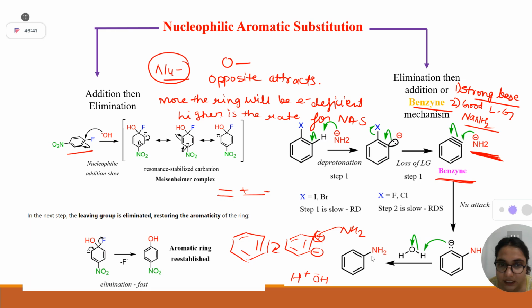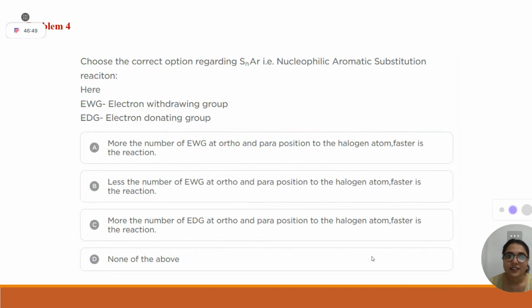If you have any doubt, ask me here. Okay. Choose the correct option regarding SNAr. Another name for nucleophilic aromatic substitution is SNAr. Okay, these are the abbreviations.